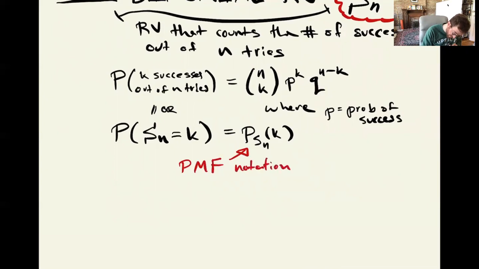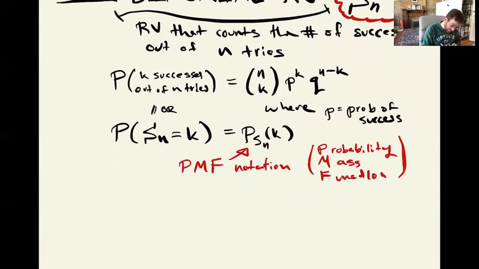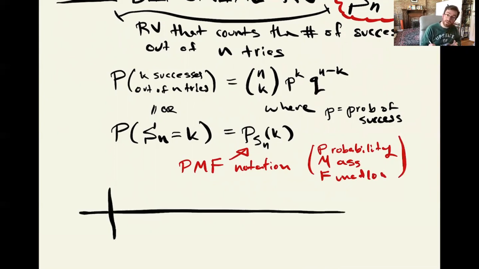PMF stands for probability mass function. And what you can do is just write it out like so. You start by listing the possible values for k, and we can write this as the probability of k.